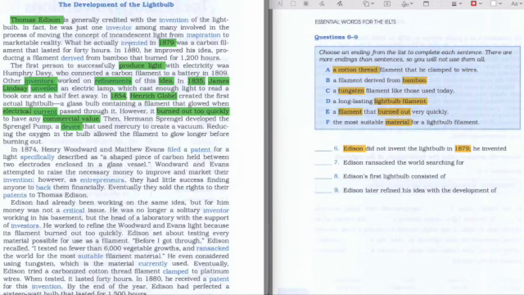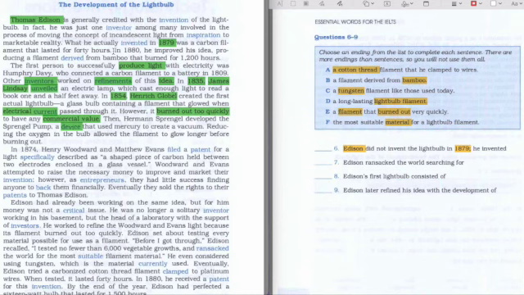So let's read this text. Thomas Edison is generally credited with the invention of the light bulb. In fact, he was just one inventor among many involved in the process of moving the concept of incandescent light from inspiration to marketable reality.